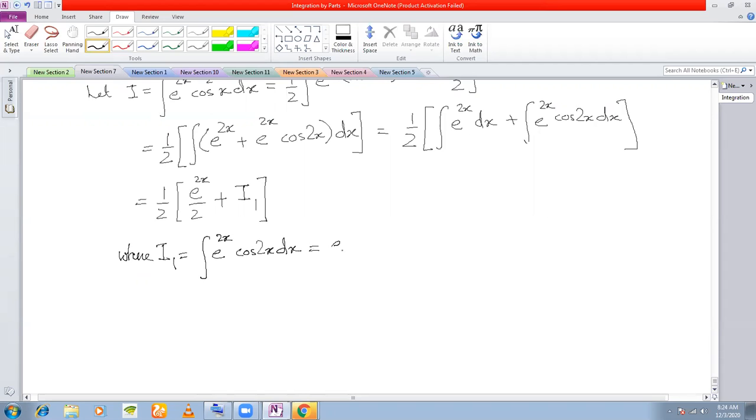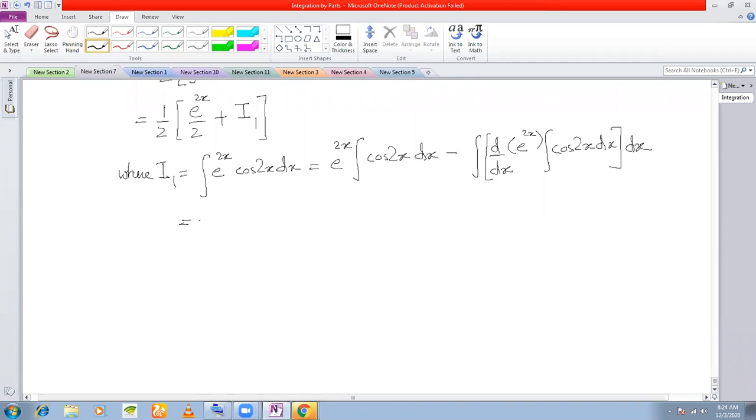So again, take e to the power of 2x as the first function: e to the power of 2x times integral cos 2x dx, minus integral of the derivative of e to the power of 2x into the integral of cos 2x dx, and whole thing integrated with respect to x.